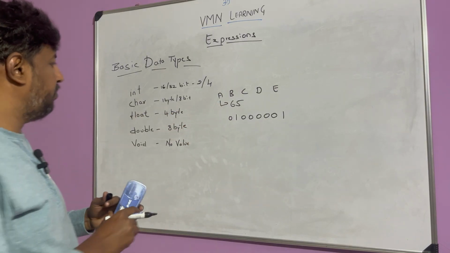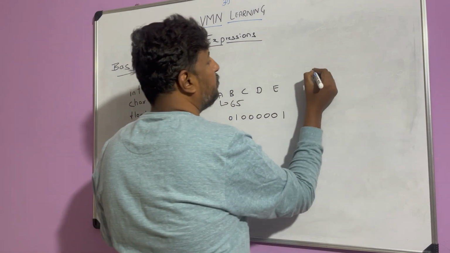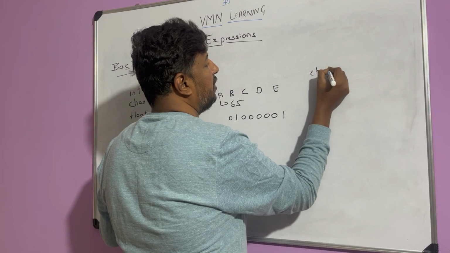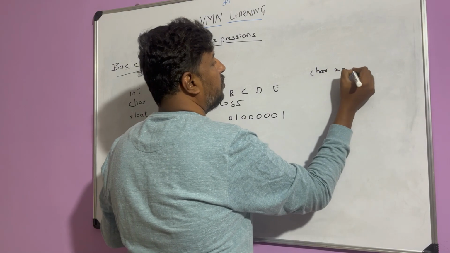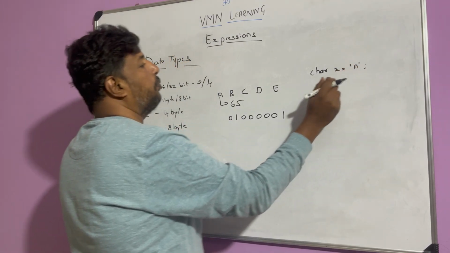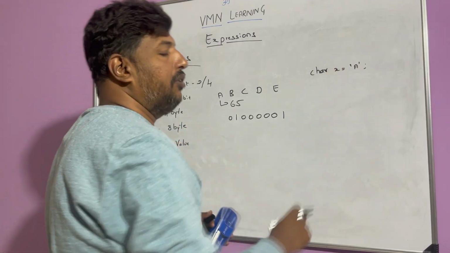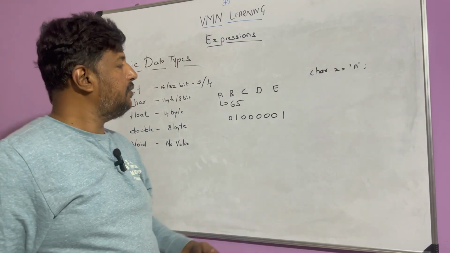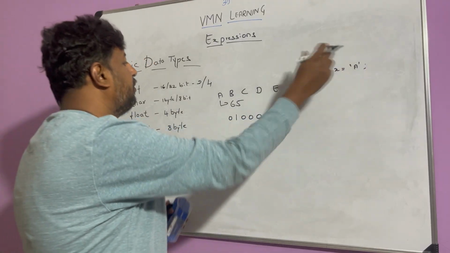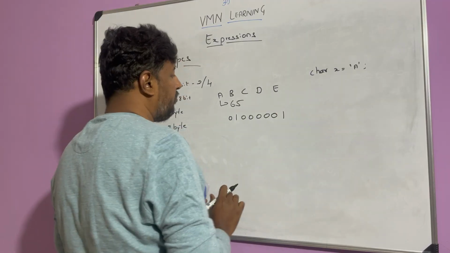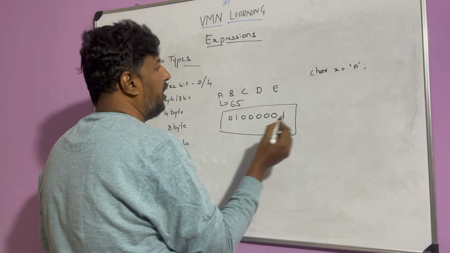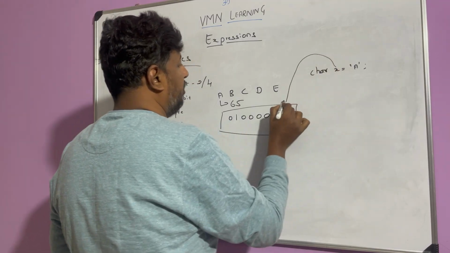And if I say in a program, char x is equal to A, then A will be stored as this number in the memory, and x will be pointing to this.